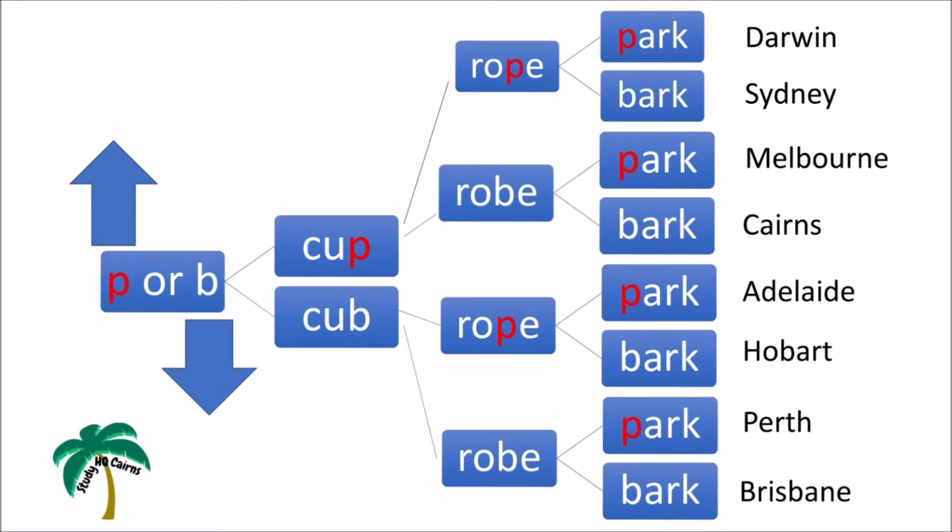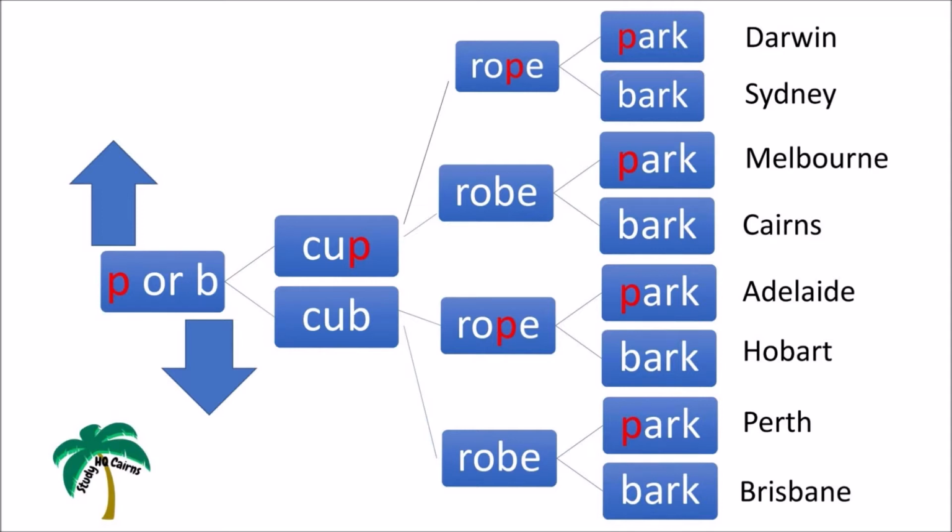We'll go from left to right. You will hear me say 3 words. The first word will either be cup or cub. The second word will either be rope or robe. And the third word will either be park or bark. If you hear the P sound, you go up.